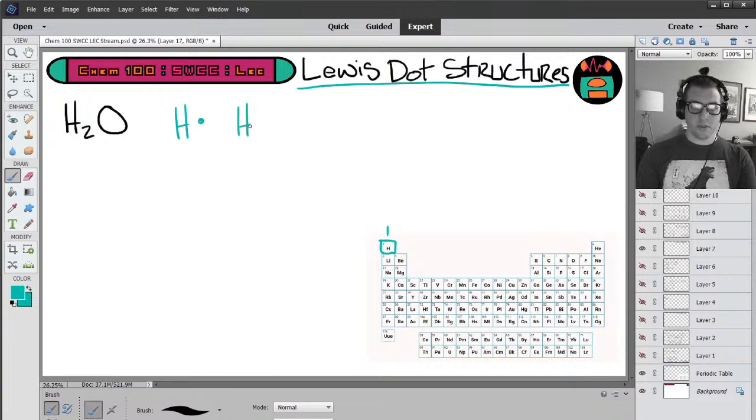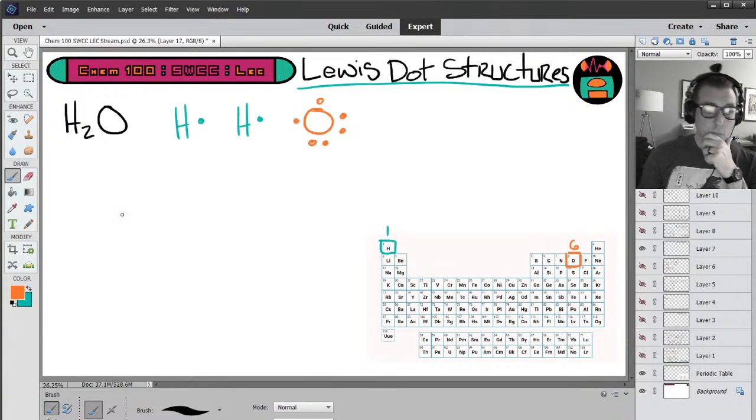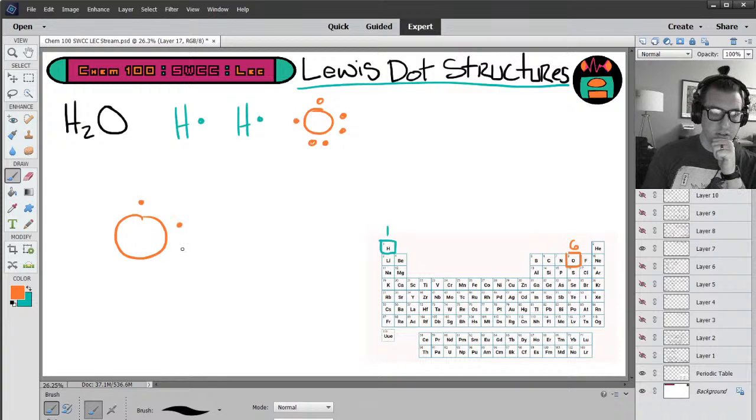So we've got a couple H's, one dot in their Lewis structure. Oxygen is in the 6th column. So we've got 1, 2, 3, 4, 5, 6. All right. Now we can form, I'm just going to redraw this over here.